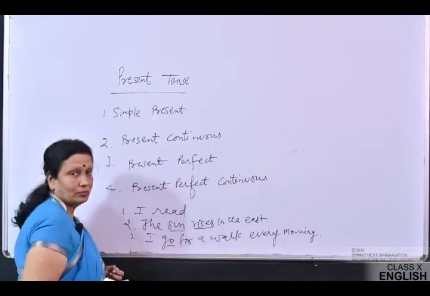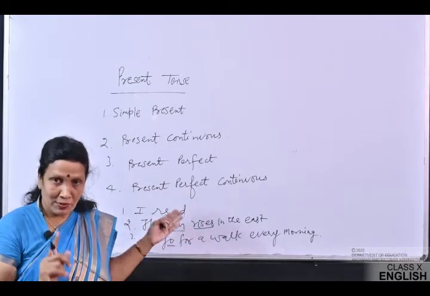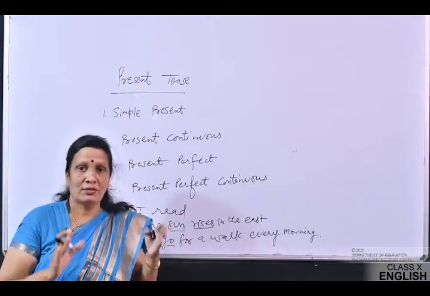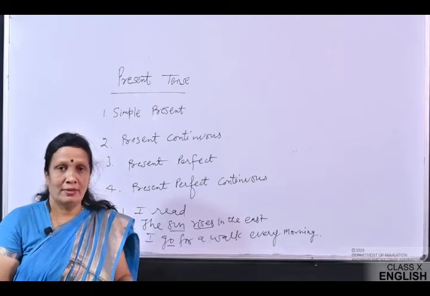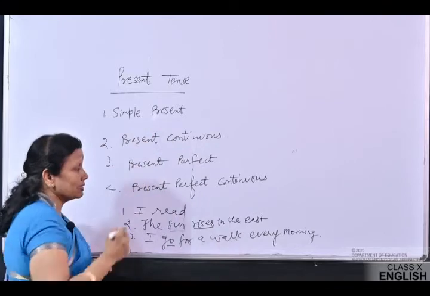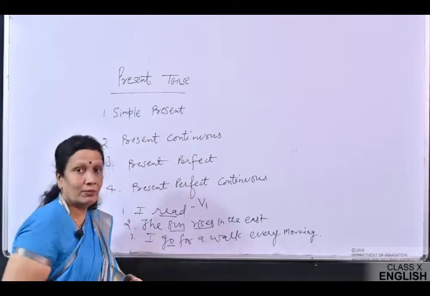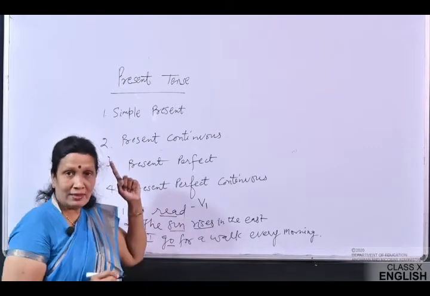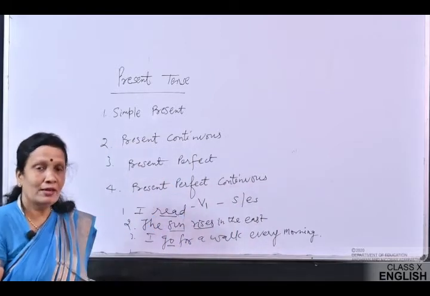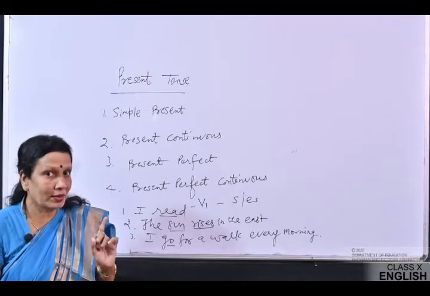I go. So this is my habit. So for habitual actions, universal truth, and for the things which you do right now, today, in the present. So these are the different situations where we use the simple present, and I told you we use the first form of the verb. Plus again we had learnt the use of s and es for singular and plural with the simple present tense. I hope you will remember.